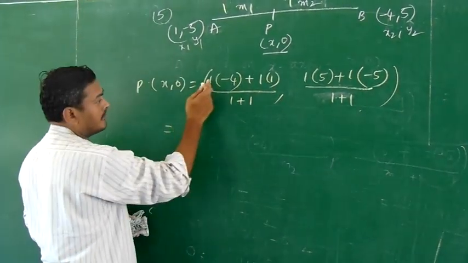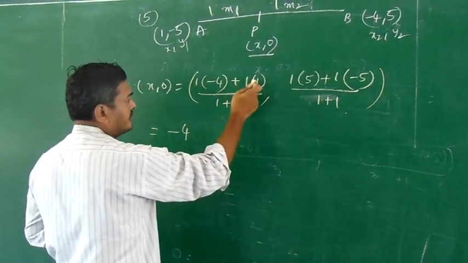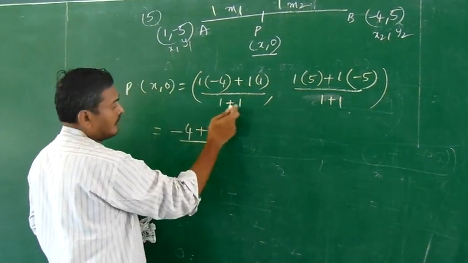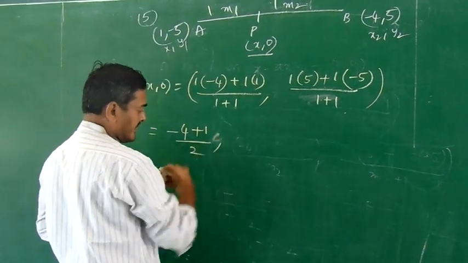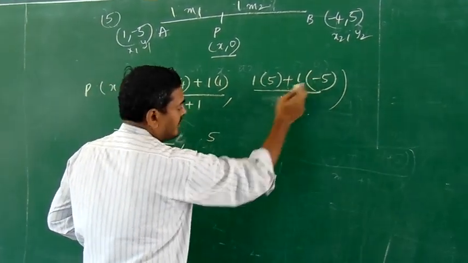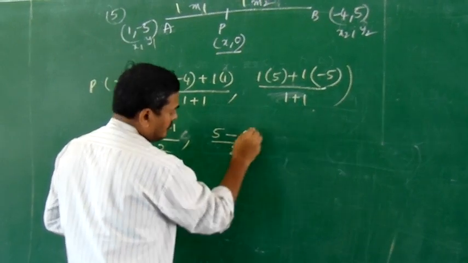That equals (minus 1 fours are 4, plus 1 ones are 1) by 2, comma, (5 ones are 5, plus minus 1 fives are 5) by 2.